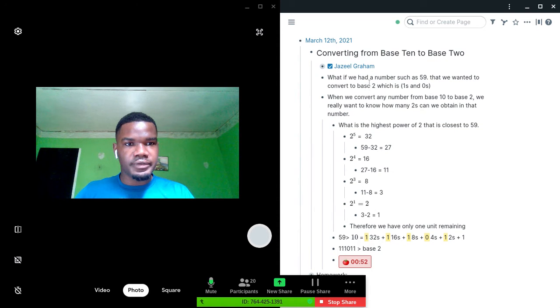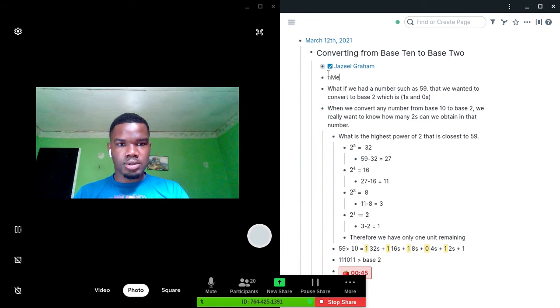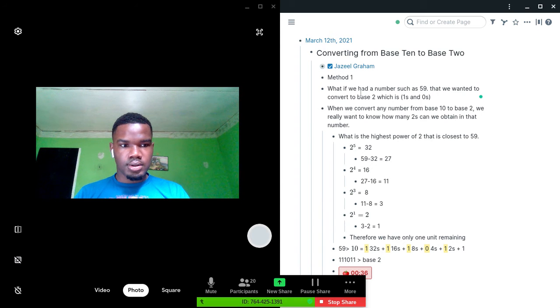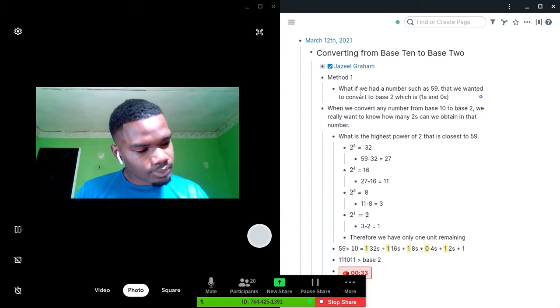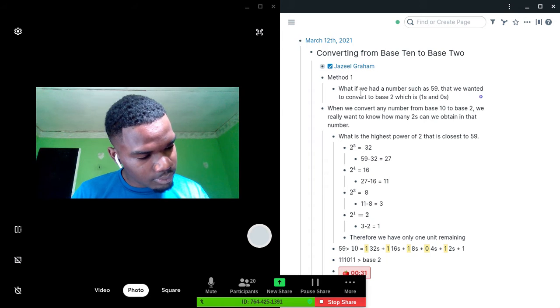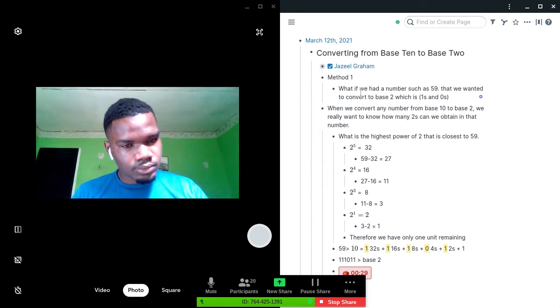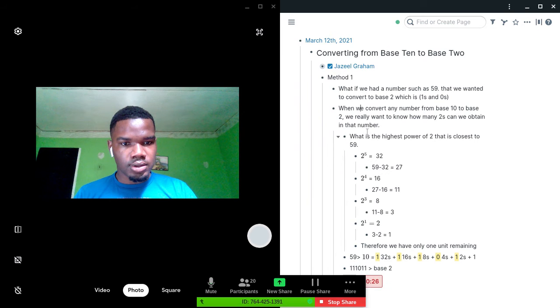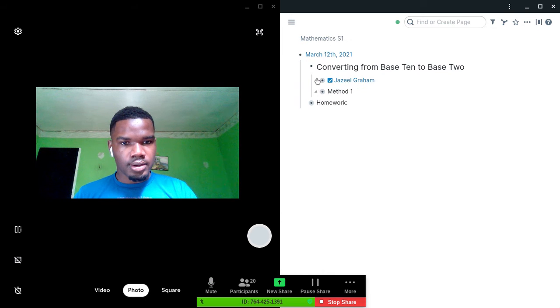So this was converting from base 10 to base 2 using method 1. So all of this was method 1.